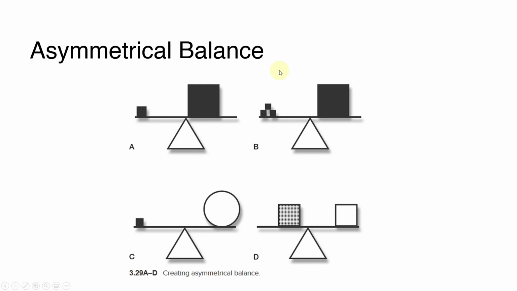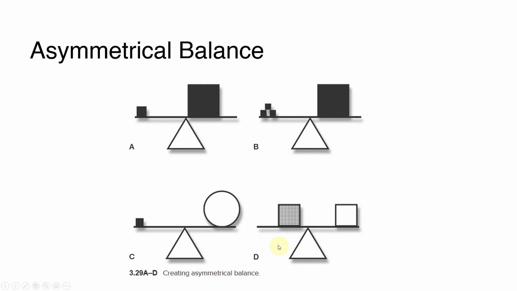Also in design B, we can use several small shapes to balance a large shape. Our mind likes to see the actual weight of these elements, and giving multiple of them makes this seesaw perfectly stable.